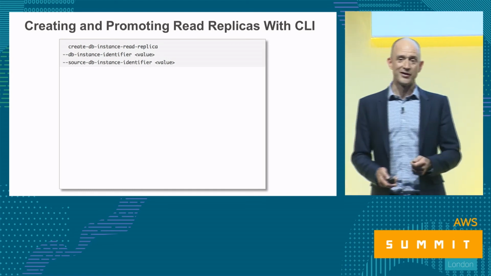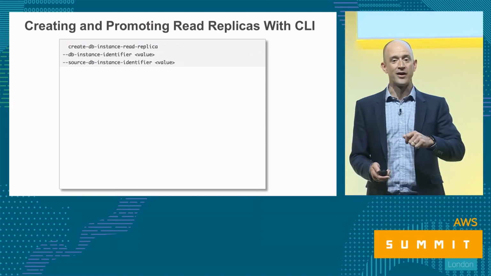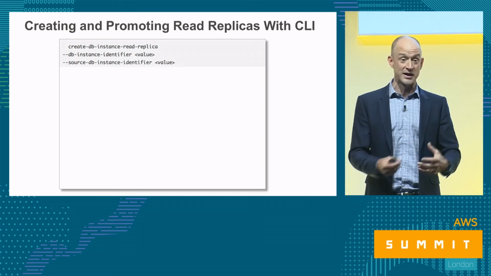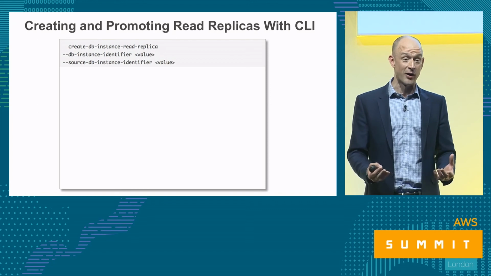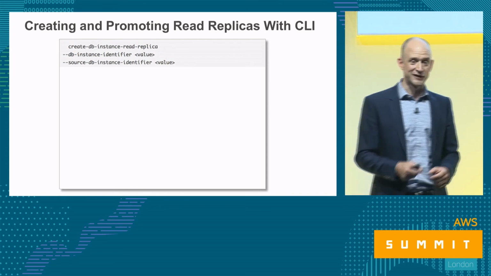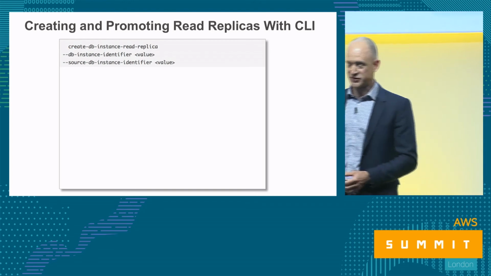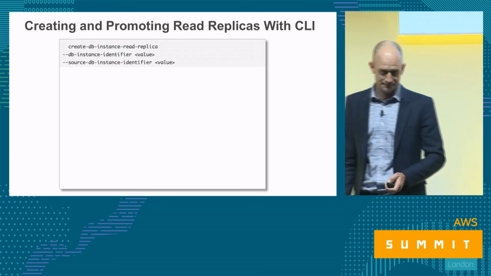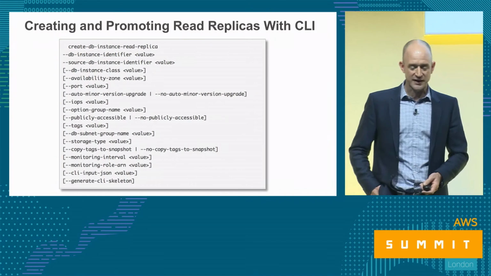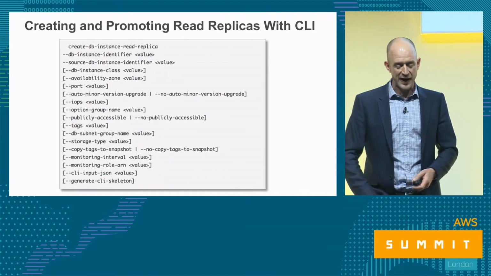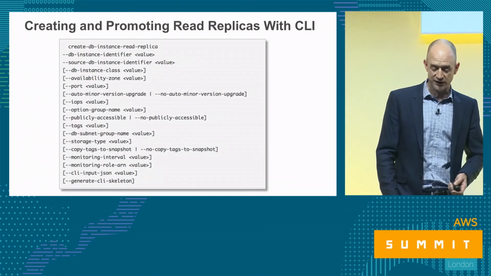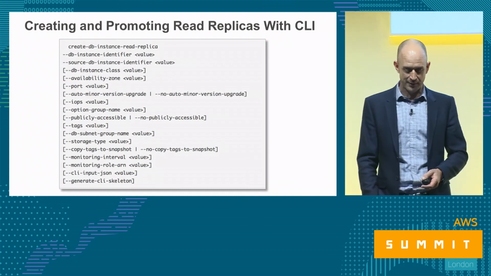And the other tip I'll give you there is the CLI binary you have to download. So as we release new features, you might need a new copy of the CLI binary to support those new features. So if we release something new and it's not working on your CLI, then check you've got the latest version of the CLI download binary. And here's an example of some of the flags and options that are available for creating a new database instance read replica.